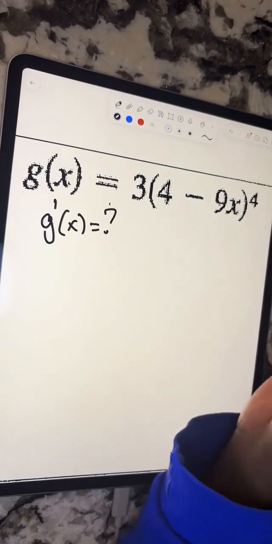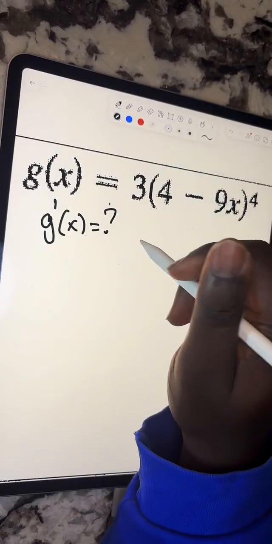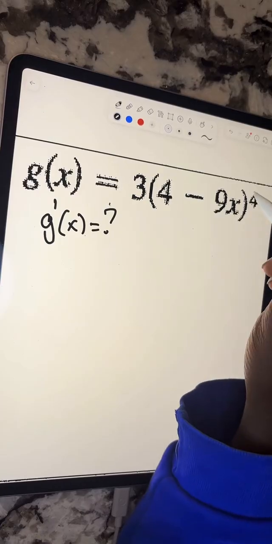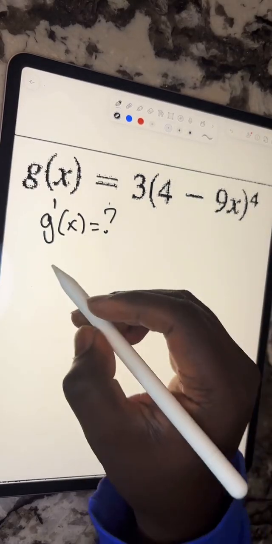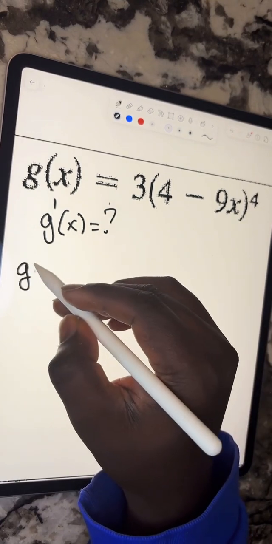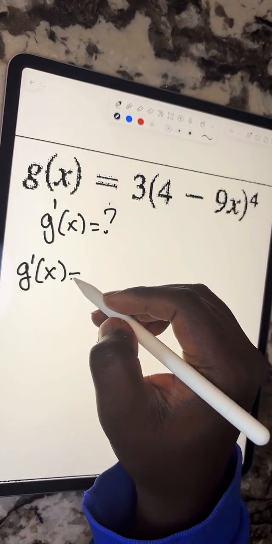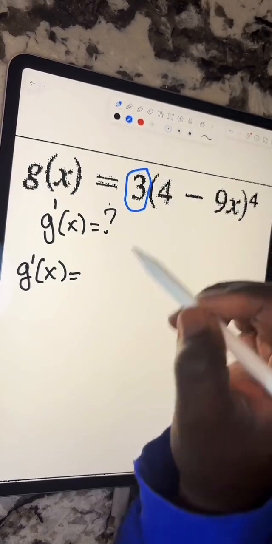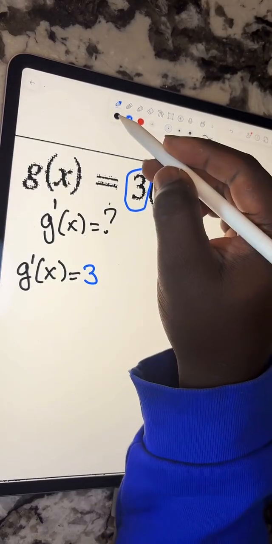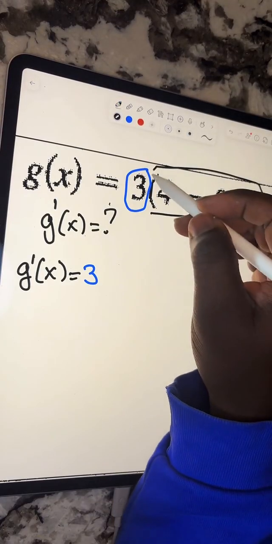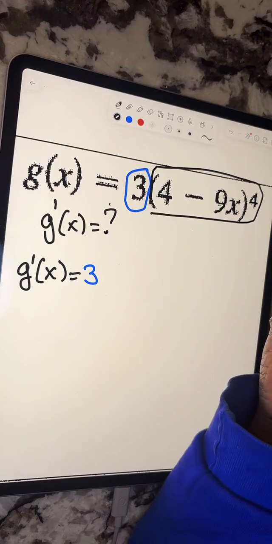All right, so guys, remember what I said. I'm going to use the formula. So g prime here, we isolate the constant. Then all we have to do is find the derivative of this. Think of it as similar to the power rule.